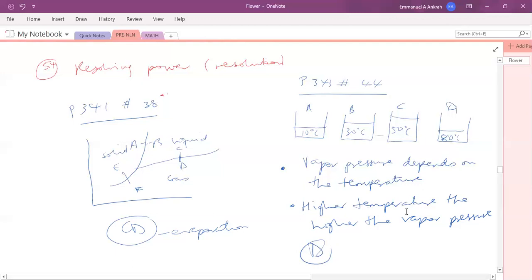And then let's look at the last question for this here. Page 344, number 49.